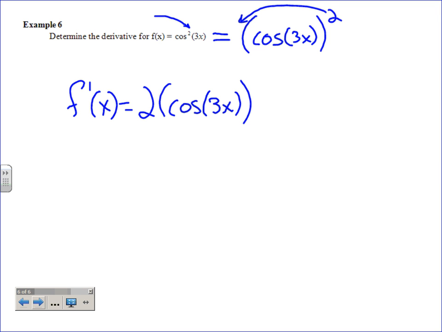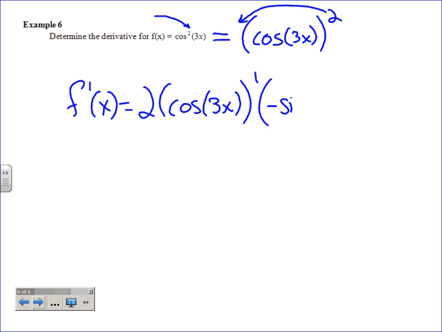Yes. And we were told to bring this down a power, so what would go here? 1, right? Now we're going to go and take the derivative of the inside. But the inside is cosine of 3x, which is something you need the chain rule for all on itself. And what does that chain rule tell you to do? Again, just stop yourself for a second and say, if I was given cosine of 3x, what would I do?